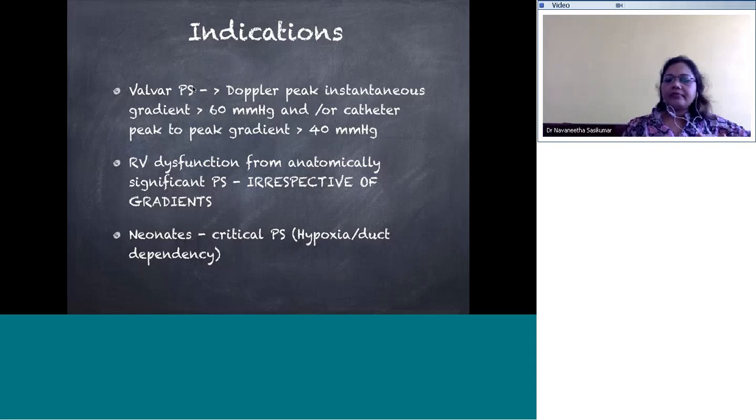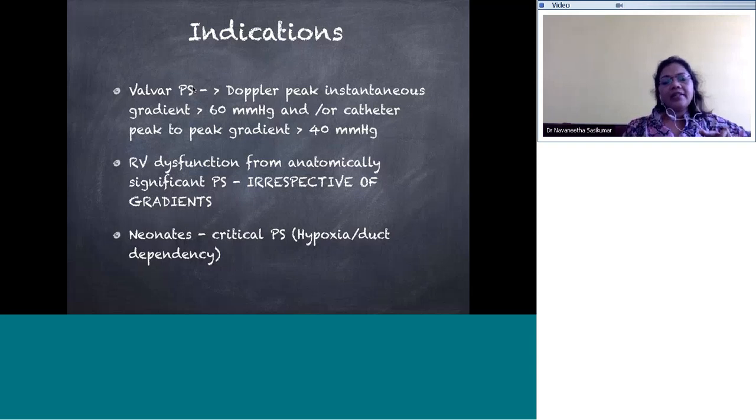The aim of our clinical management should be to prevent patients from going into this stage, because once right ventricular dysfunction sets in and right ventricular failure ensues, the morbidity and mortality increase steeply compared to pulmonary stenosis without right ventricular dysfunction or right heart failure, which is a fairly well tolerated disease.